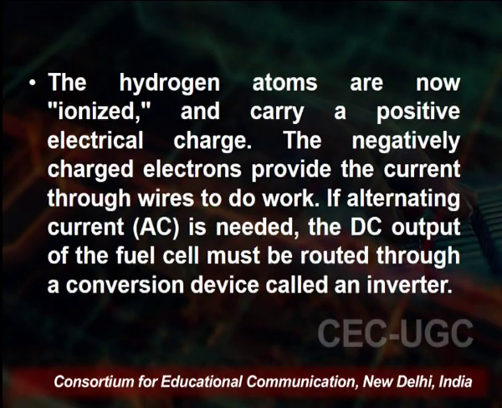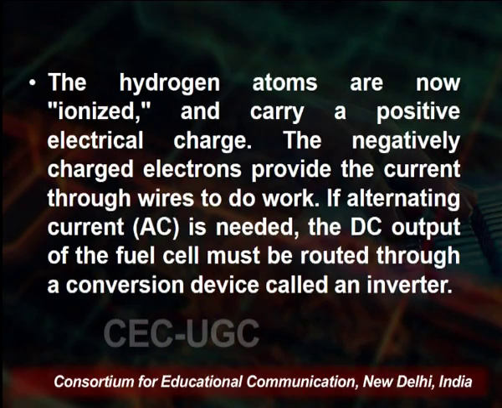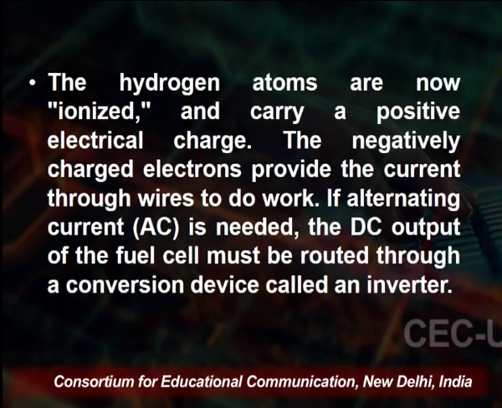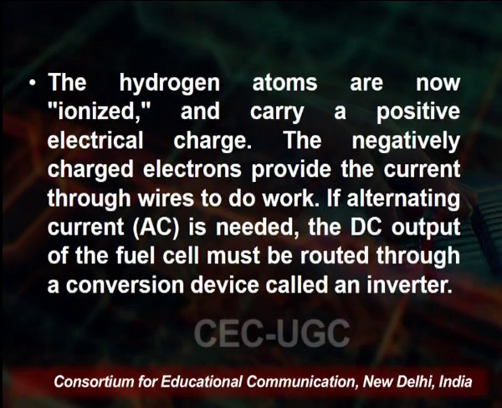The negatively charged electrons provide the current through the wires to do the work. So, if alternating current AC is needed, the DC output of the fuel cell must be routed through a conversion device that is called the inverter.